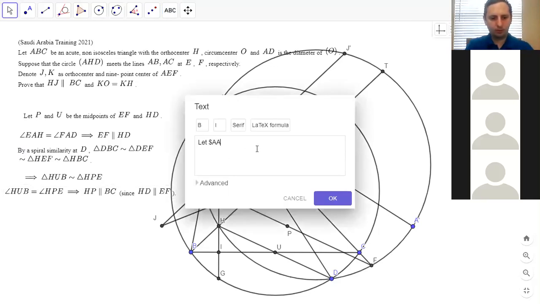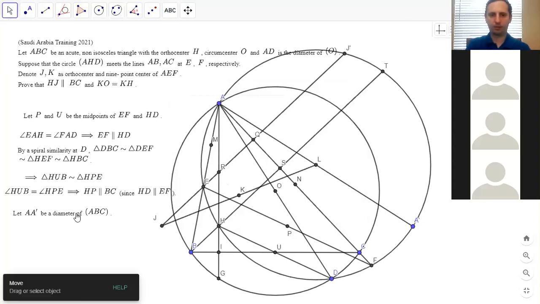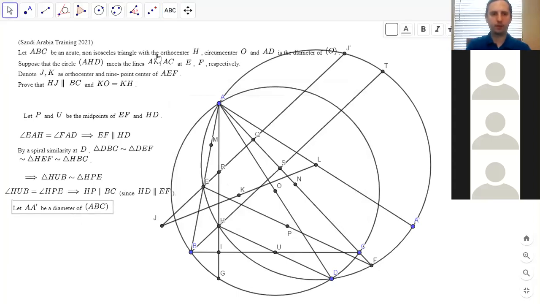Okay, so let AA prime be a diameter. Then since PH is perpendicular to AH, that means that A prime, P, and H are collinear.